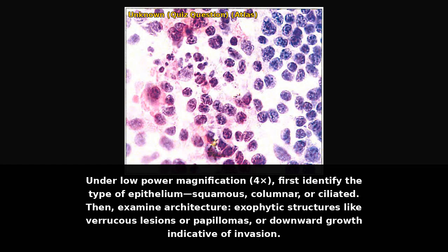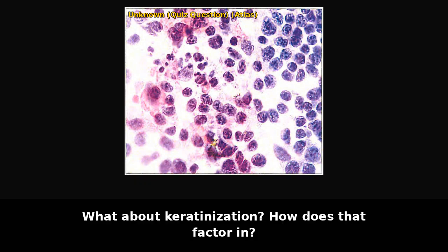Under low power magnification, first identify the type of epithelium: squamous, columnar, or ciliated. Then examine architecture and exophytic structures like varicose lesions or papillomas, or downward growth indicative of invasion. What about keratinization?